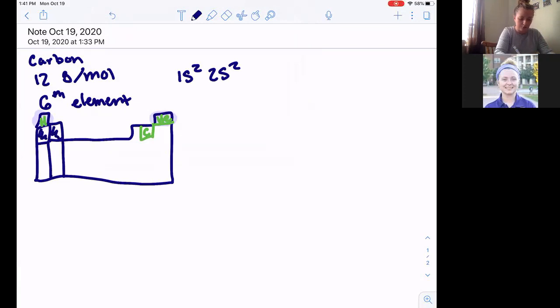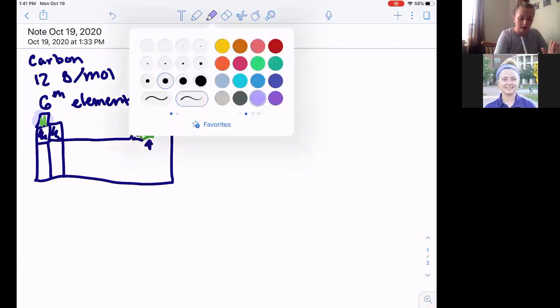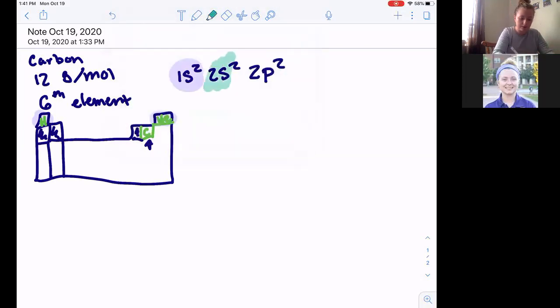And then it would be 2p2, because we're only going over 2 to right here where carbon is. And so I would call this your core electrons because these don't interact at all with bonding. These here are your valence electrons.